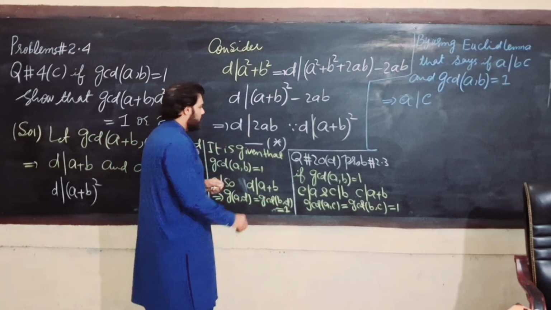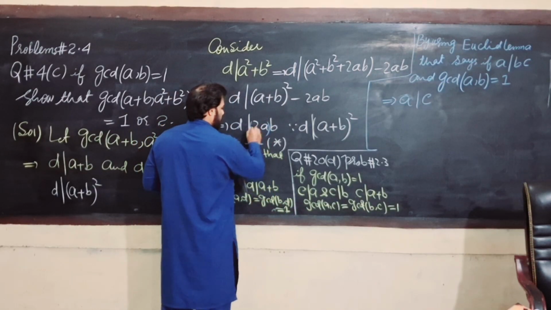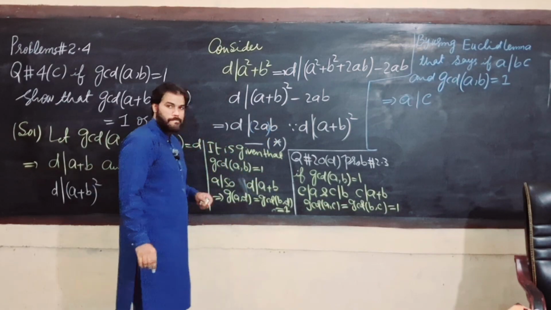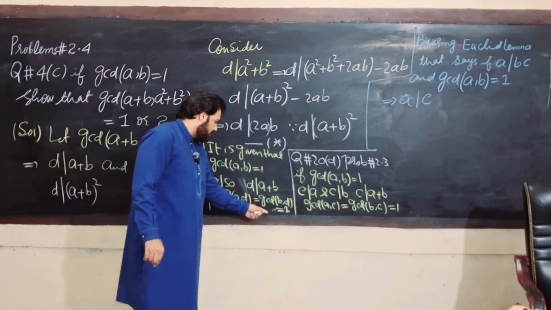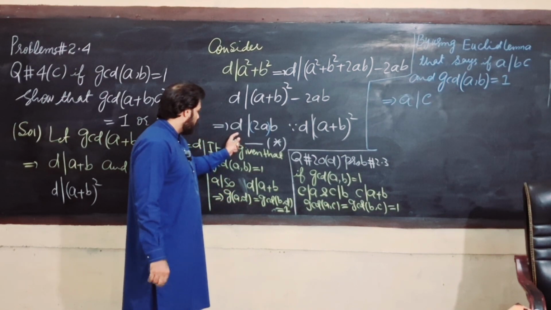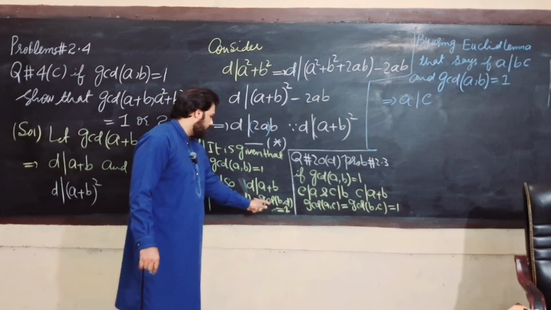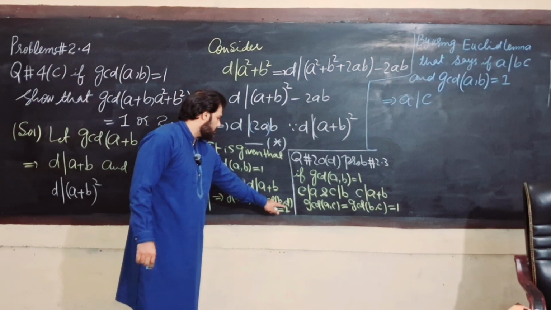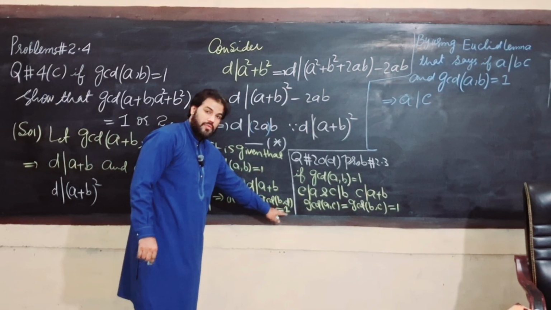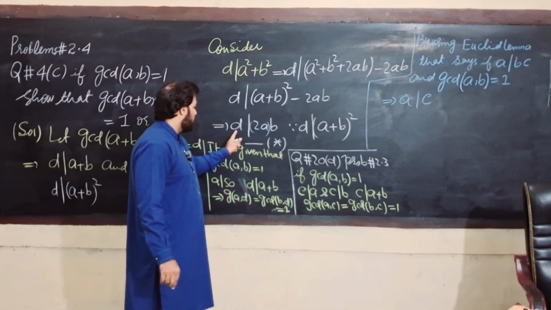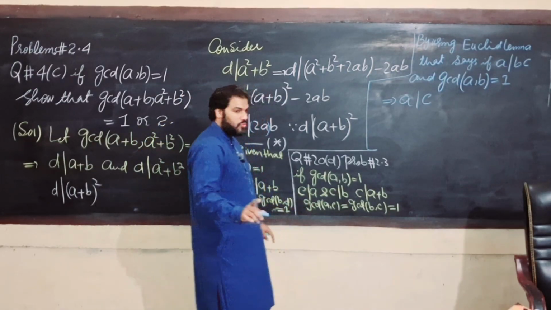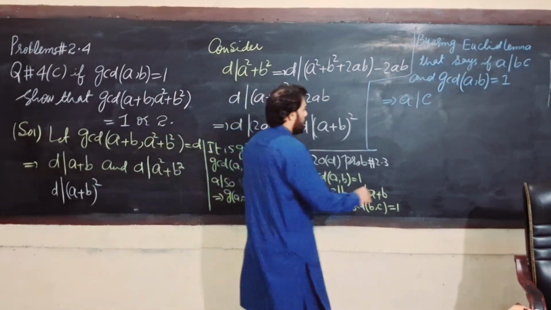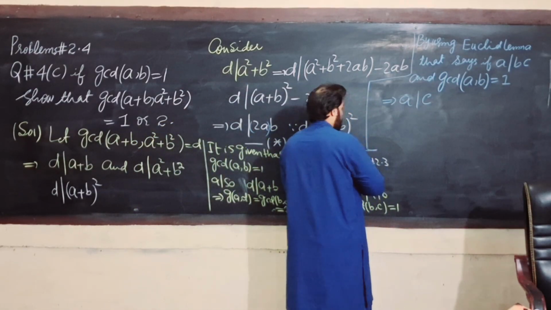How? Star can be written as 2A times B. Now we give the reason: GCD of B and D is equal to 1, so we can use Euclid's lemma here.